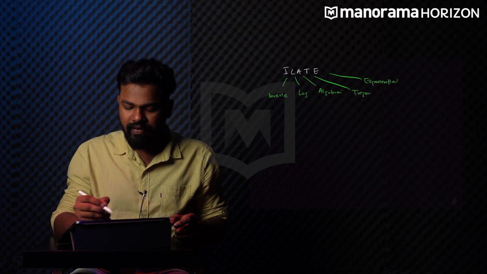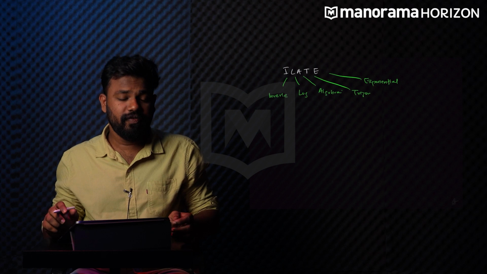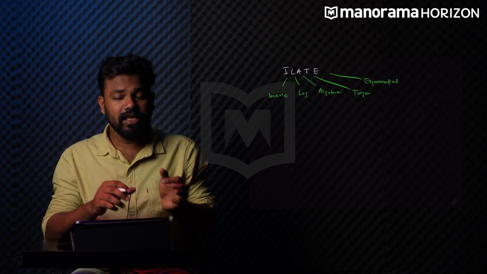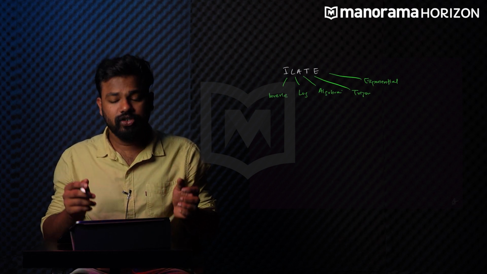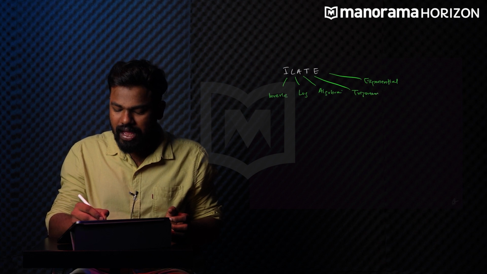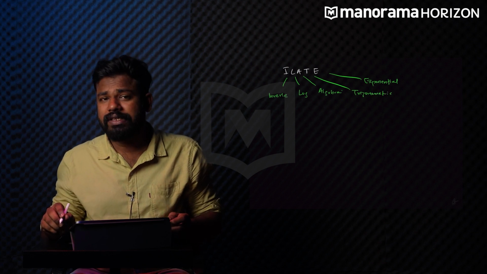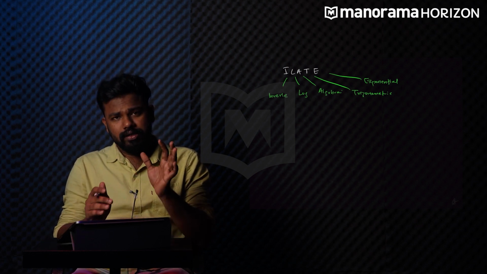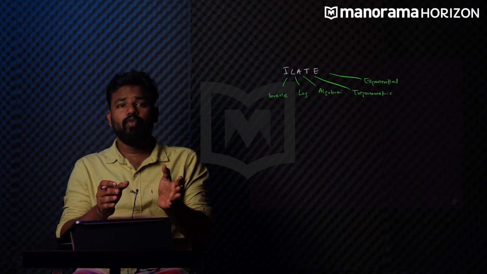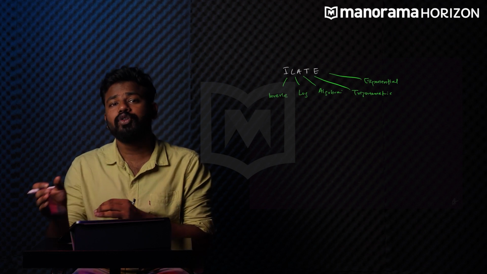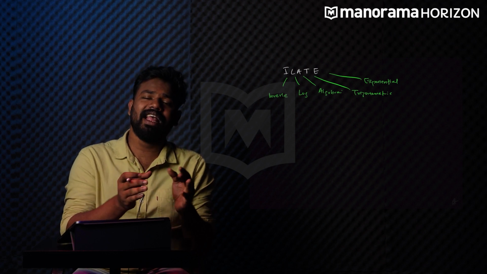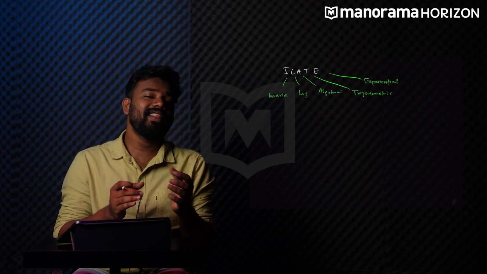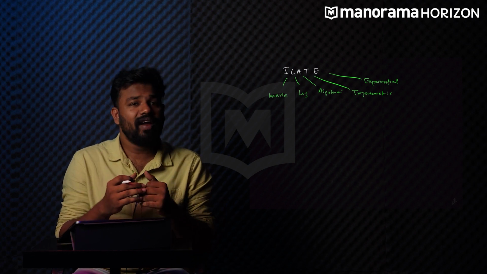So you have five different functions: inverse, log, algebraic, trigonometric, and the last one, which is exponential. So what is this rule useful for? This rule actually tells you in what order you have to choose the two functions as the first or the second. That is, in which preference we have to give.